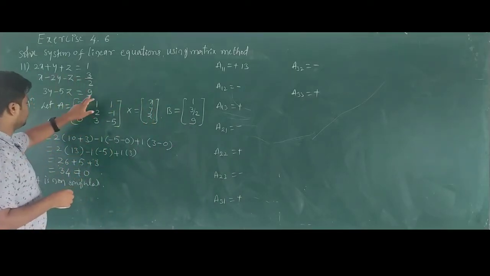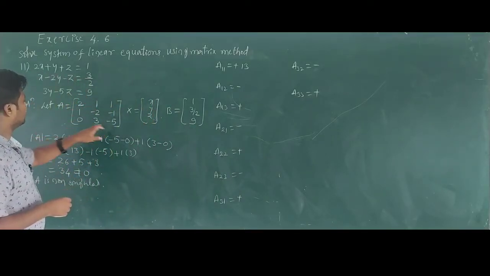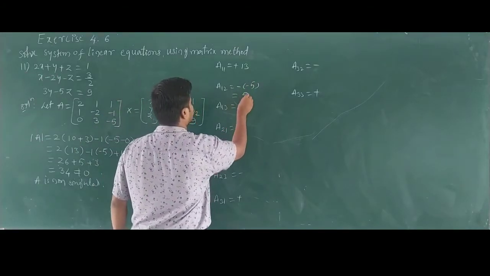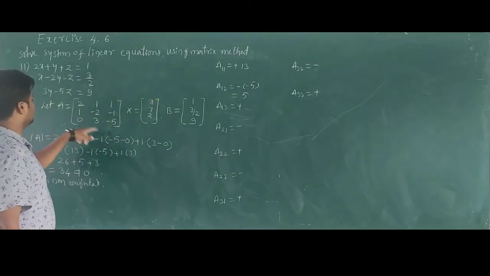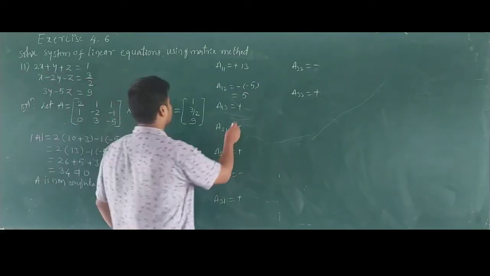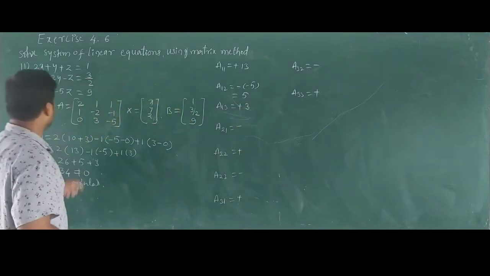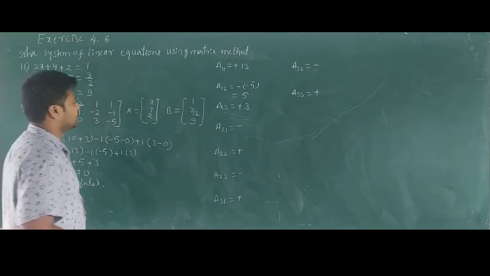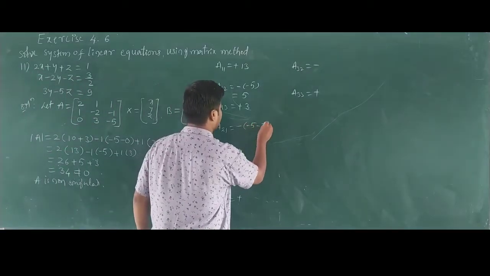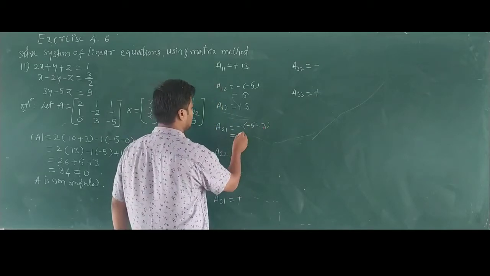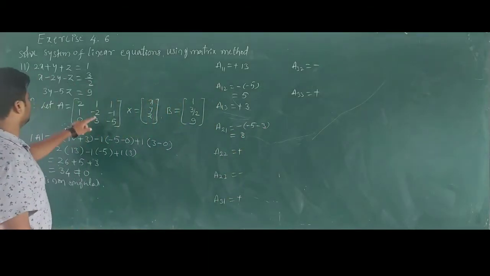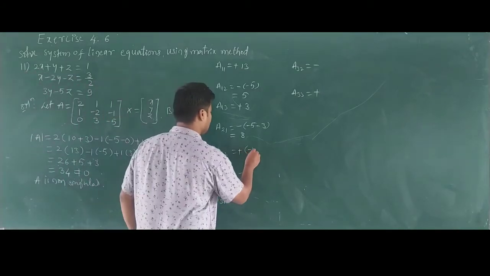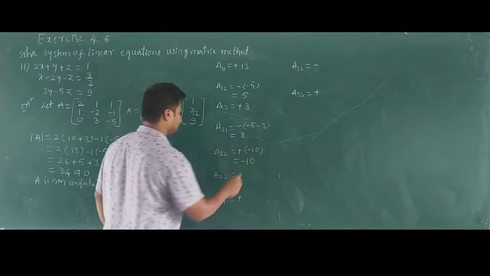Okay. A12 is minus 1 into minus 5 minus 0, so plus 5. A13 is 3 minus 0, which is 3. A21: leaving the row and column, minus 5 minus 3, so minus 8, into minus, plus 8. Okay, A22 is minus 10 minus 0, plus into minus, minus 10.